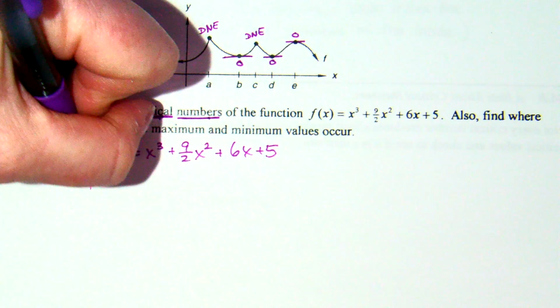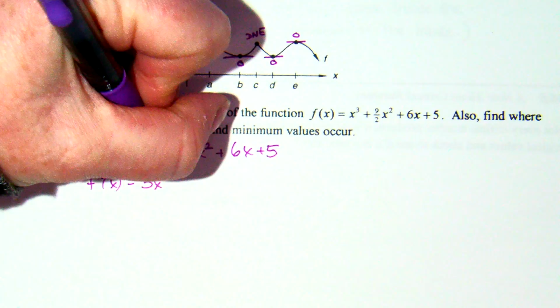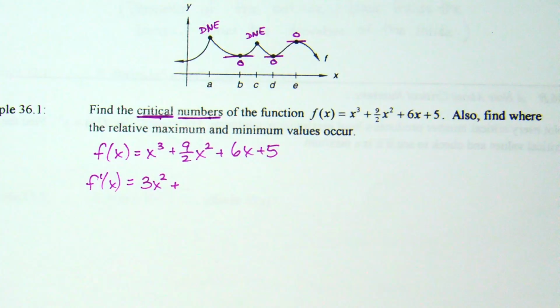F prime of x, derivative skills, let's go. It's the derivative of x cubed, 3x squared, plus the derivative of 9 halves x squared, multiply by 2, cancel out, so 9x, plus the derivative of 6x, 6, plus the derivative of 5? 0.